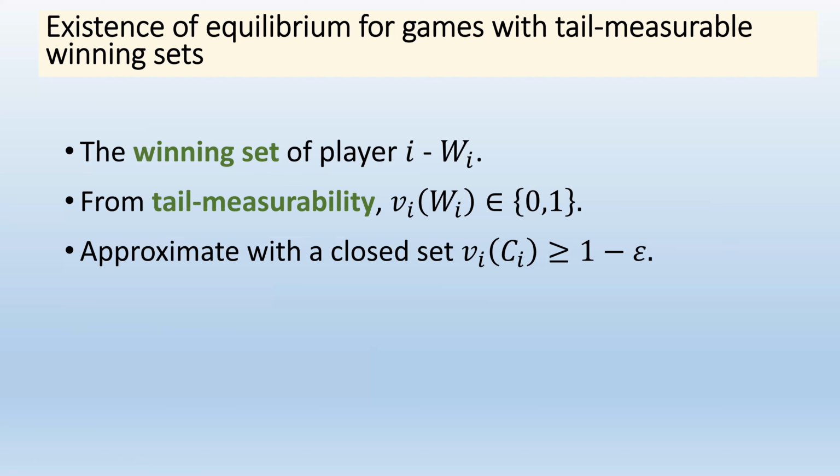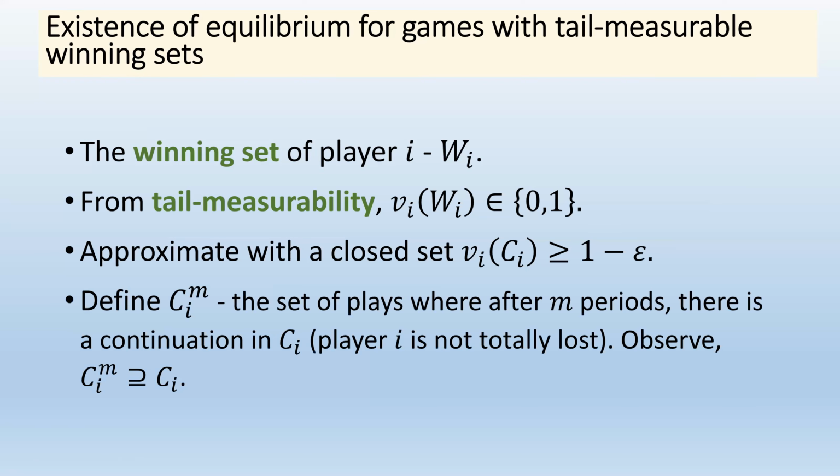So now we use the inner regularity. We approximate the winning set Wi with a closed set Ci such that the min-max of the closed set is 1 minus epsilon. Next, we define a set, Cim, the set of plays where after m periods, there exists some continuation that is in Ci, some continuation.